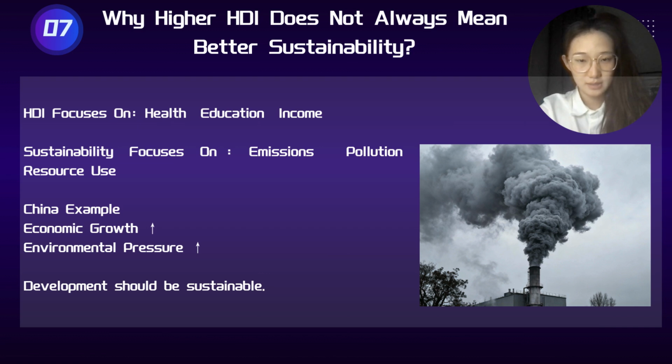In China's case, rapid industrialization and economic growth have improved living standards, but they have also increased environmental pressures. Therefore, a country can achieve a high HDI while still facing sustainability challenges. That explains why China's PHDI is lower than its HDI.